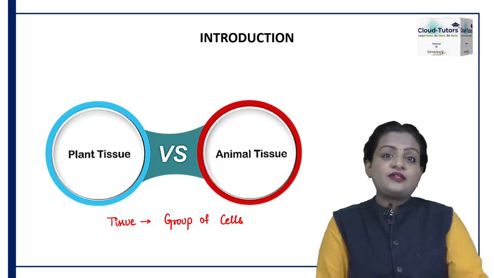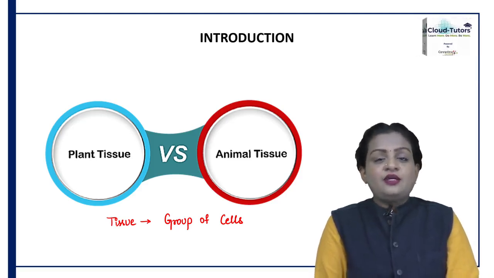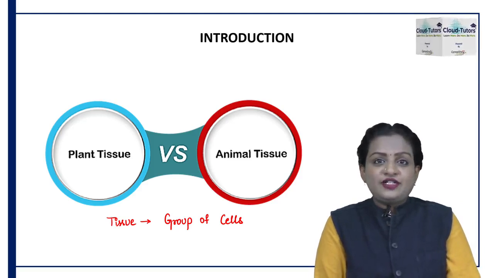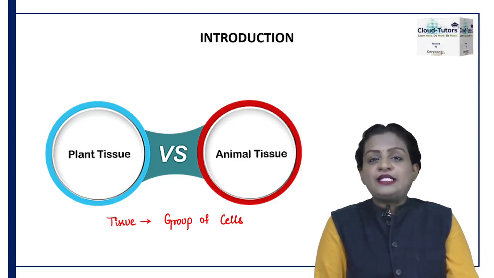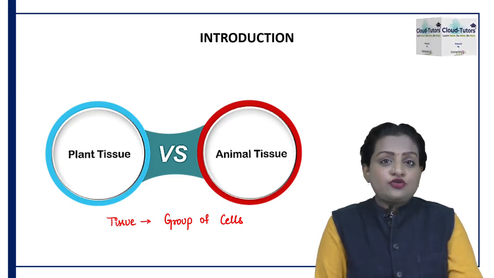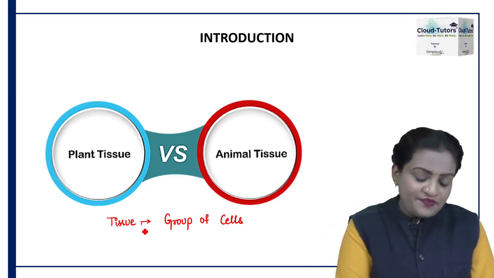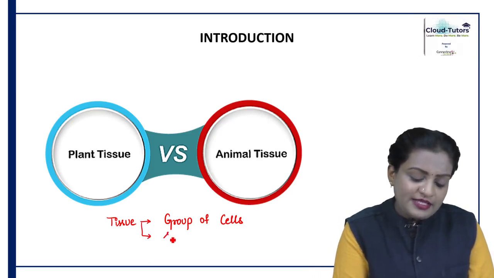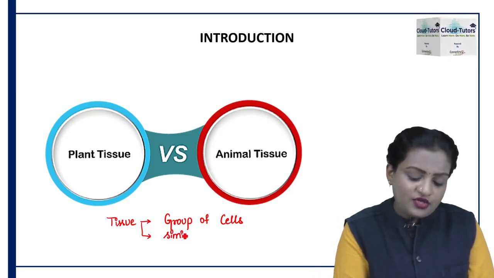We can put hundreds of amoeba in a petri dish, but still we can't call it a tissue, because there are two fundamental points to remember under tissues. These are groups of cells, no doubt, which can be similar or dissimilar in structure.